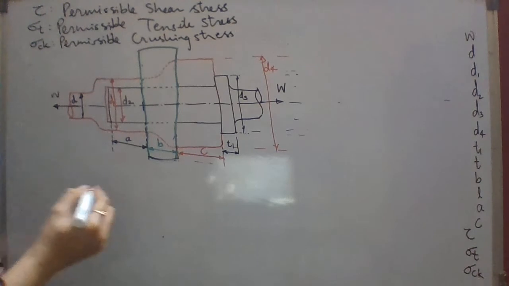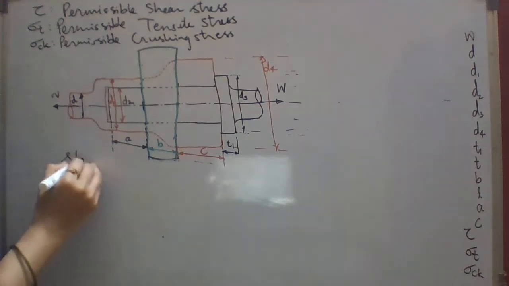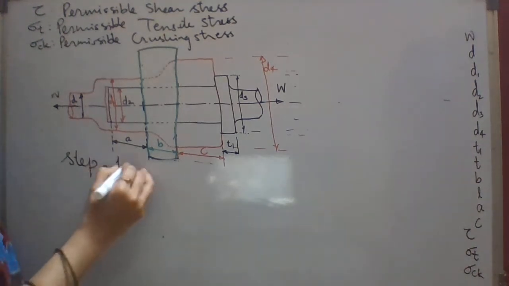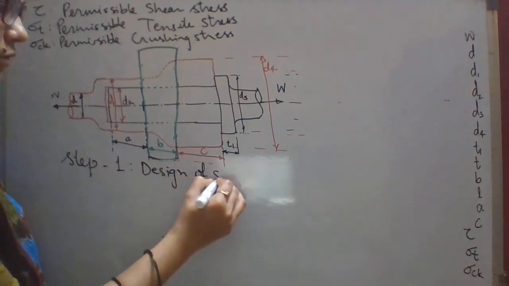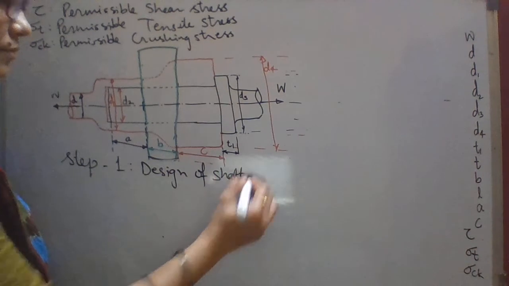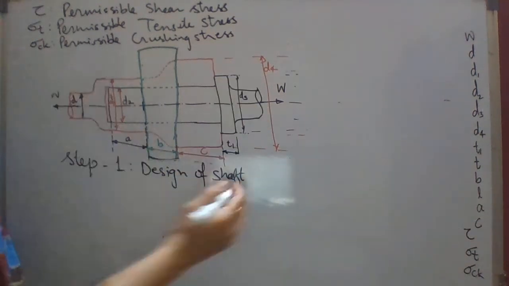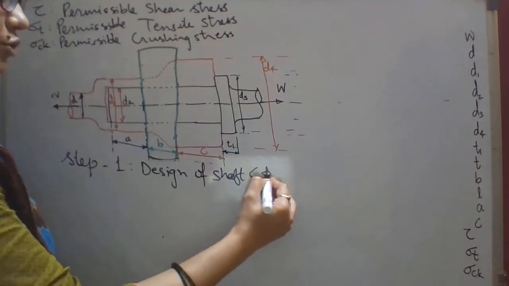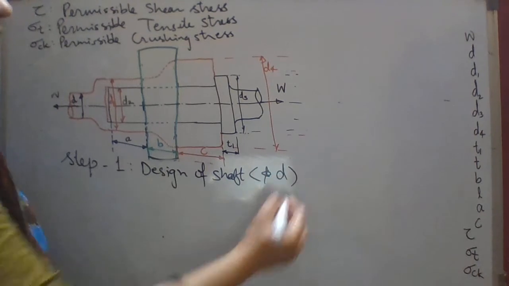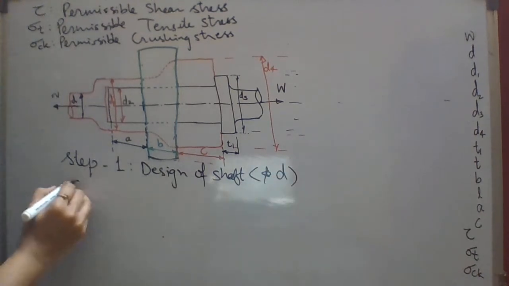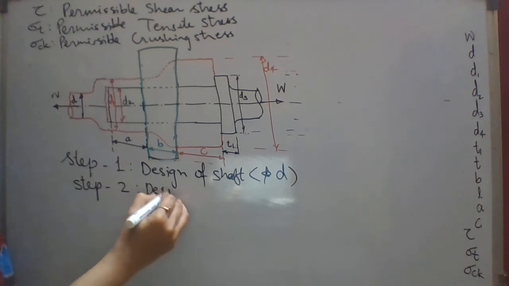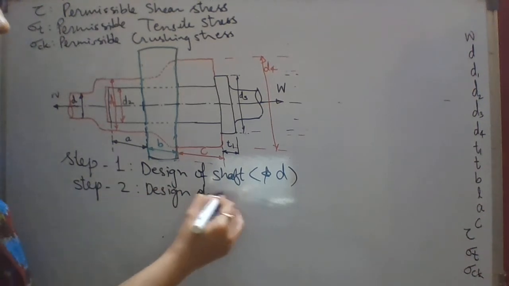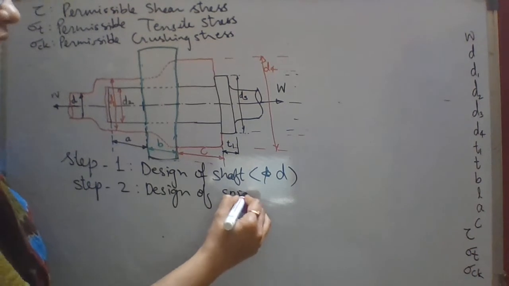Step number 1, you just first list out all the steps. Step number 1, design of shaft, means this end. So in design of shaft, we will design the diameter of the shaft. Step number 2, design of spigot.